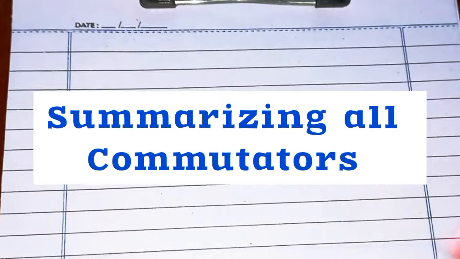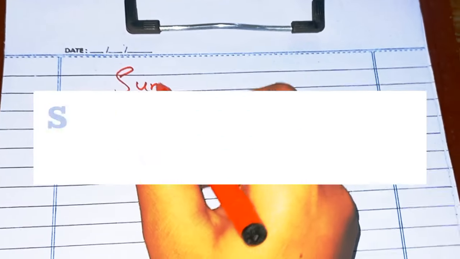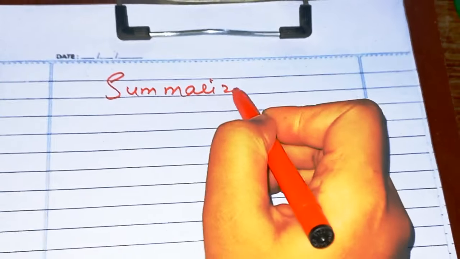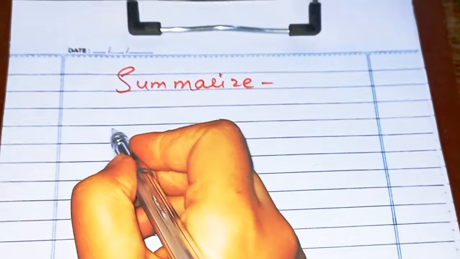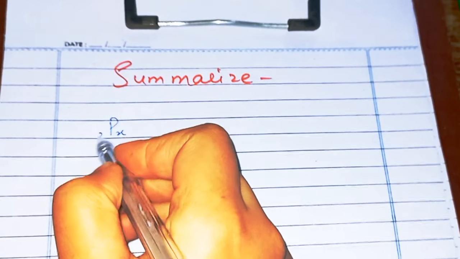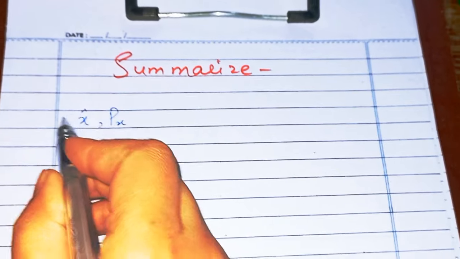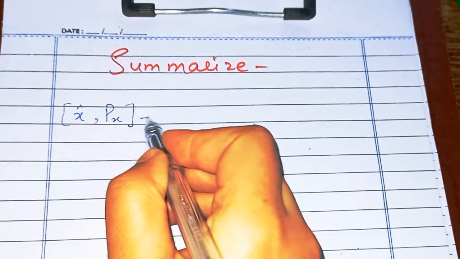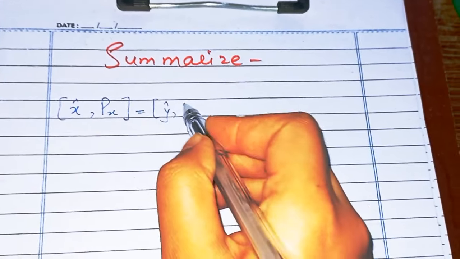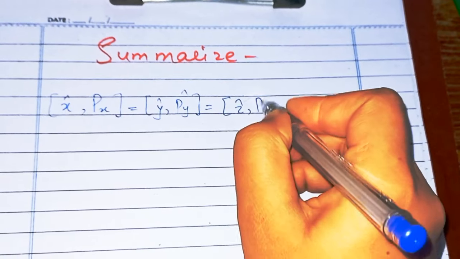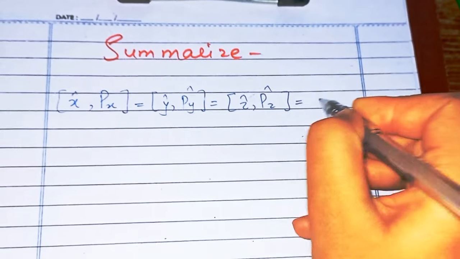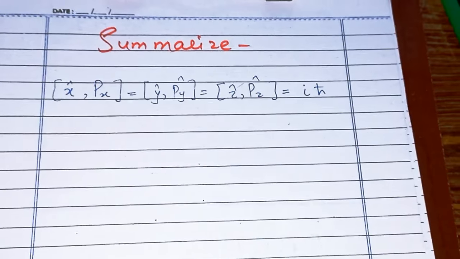Let's summarize all of these commutation relations between the position operator and the momentum operator and their different components. We have seen that the commutation relations between the x component of position and the x component of momentum, the y component of position and the y component of momentum, and the z component of position and the z component of momentum are all equal to each other, and they are equal to iota h cut.